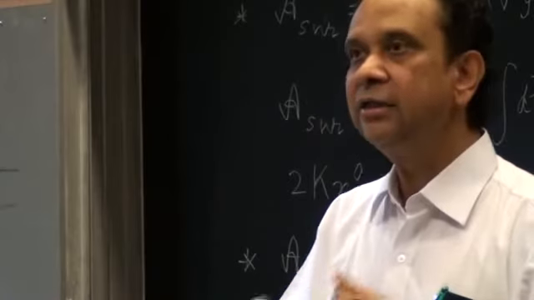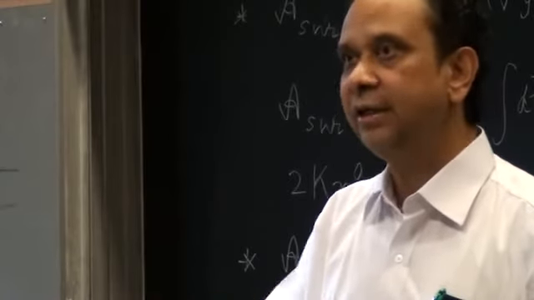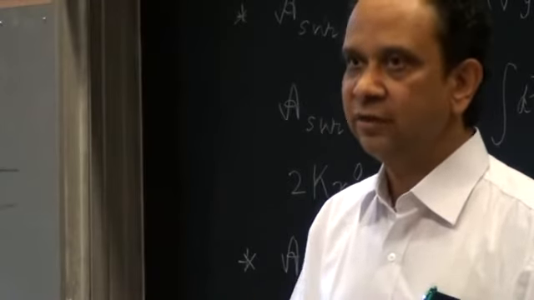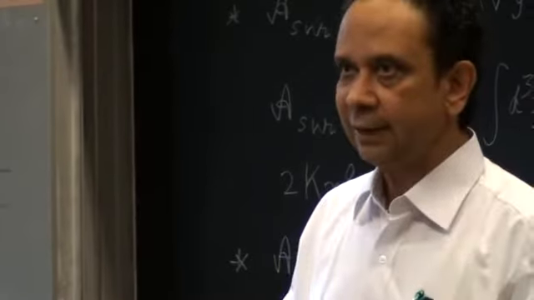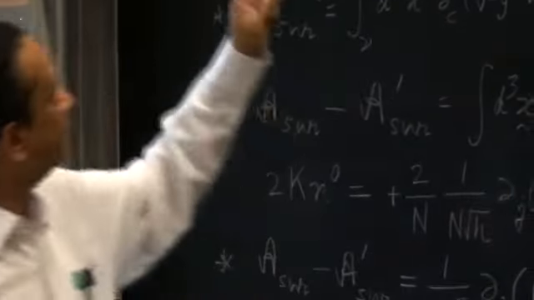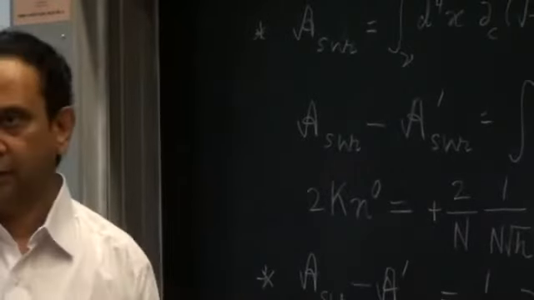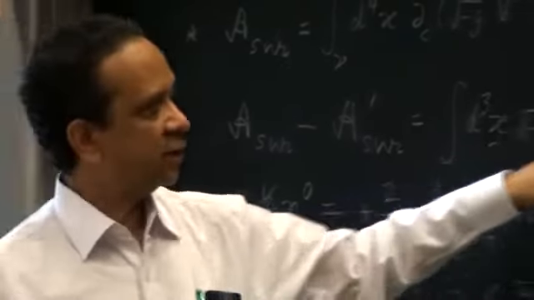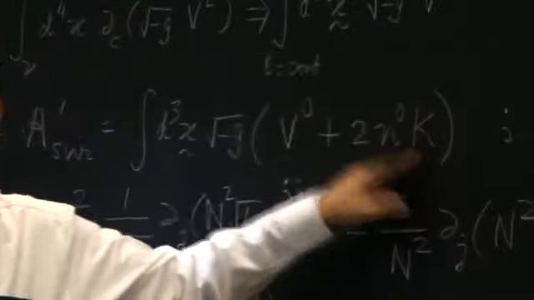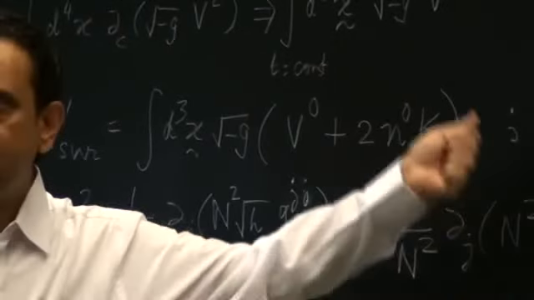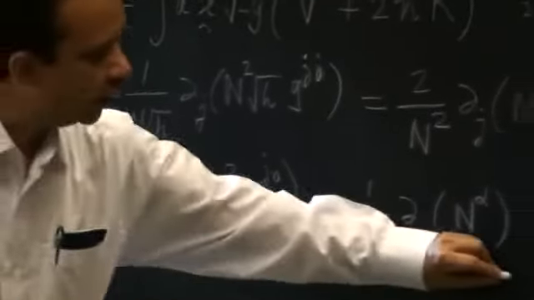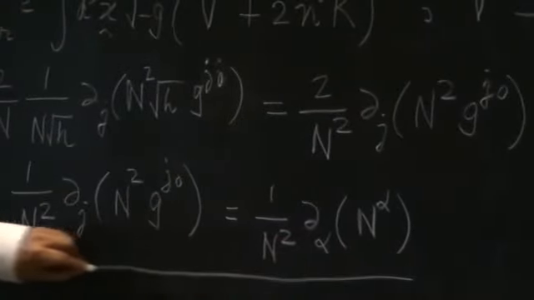And I wanted to compare these two surface terms in some restricted sense on a t equals constant surface with a particular parameterization. So I just calculated both these surface terms and I did a subtraction of one from the other, and you end up getting an expression like this. Then you go through the mathematics to simplify that, and you find that the difference between these two can be expressed in this form.